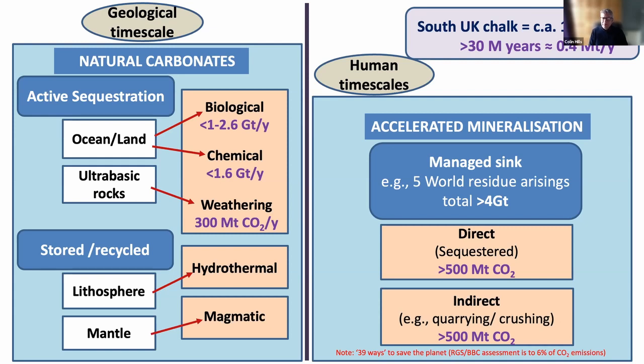And within that, there was an independent assessment of the potential of mineralization by the Royal Geographical Society. And they reckon there's potential to manage about 6% of CO2 emissions to the atmosphere through mineralization. So their calculations certainly compare with our own back of the envelope calculations.